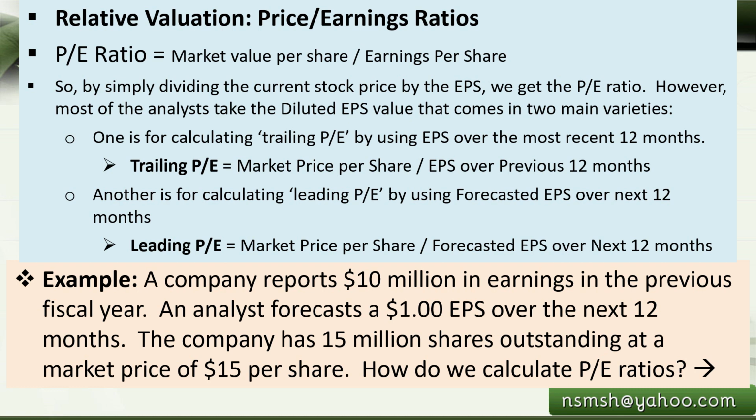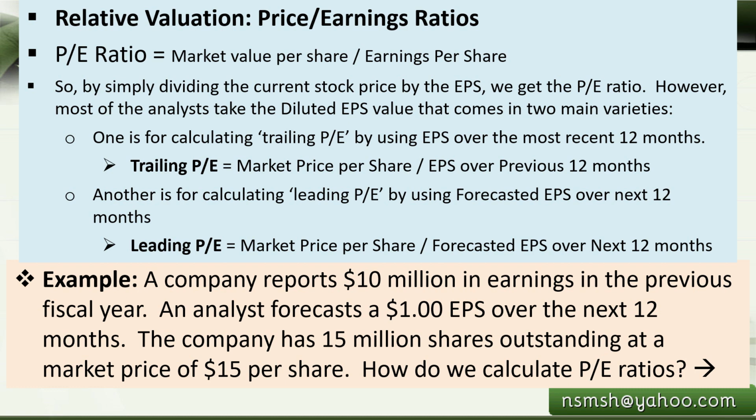For the leading price earning ratio, it is the forecasted earning per share for the next 12 months, because it is future. What we should understand is that we take the diluted earning per share.